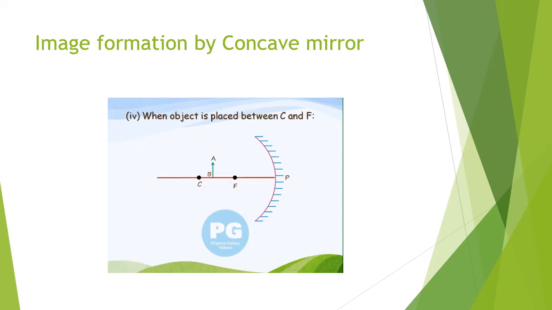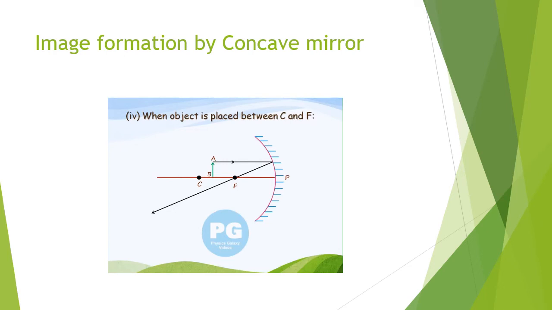Now, fourth case, when the object is placed between center of curvature and focus. Now the same object, basically, we are having here, AB, placed perpendicular to the principal axis. A ray of light from point A goes parallel to the principal axis. This will pass through focus after reflection from the mirror.